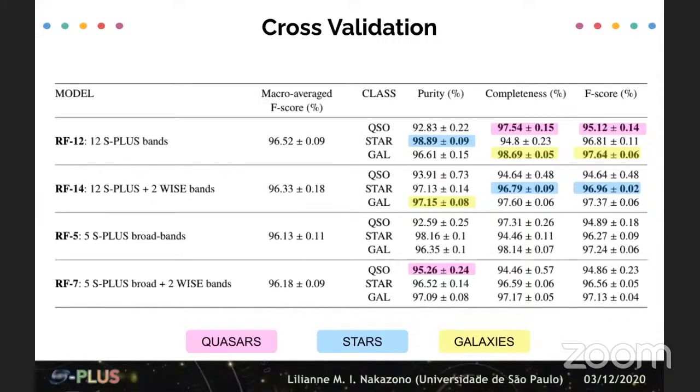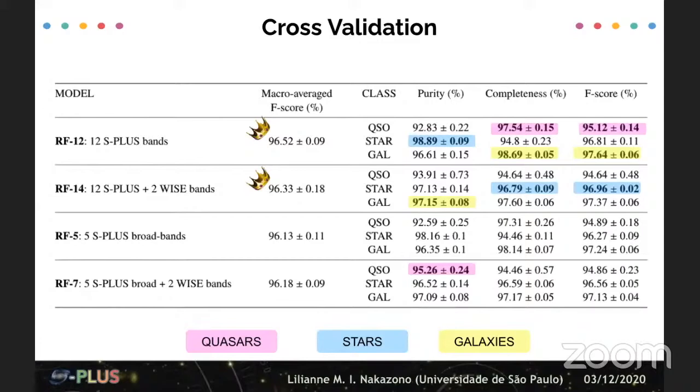In any case, if we look at the macro average F-score, it seems that the model with 12 S-PLUS bands leads to the best performance compared to the models that use only the 5 broad bands, which is a good thing. So the narrow bands are helping somehow. In the end, these two models have similar performances within the error bars. But let's remember that WISE adds the problem that we lose many objects.